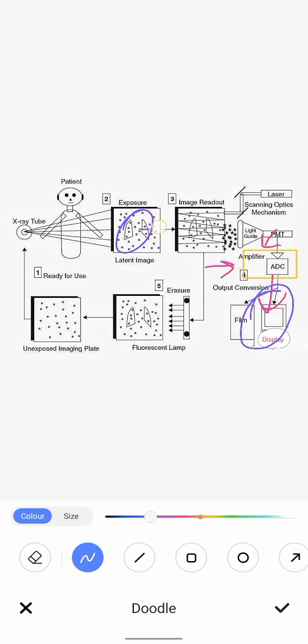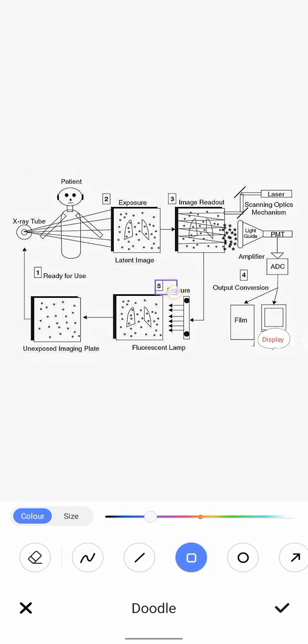Okay, this was the whole process. Okay, the last step. In the last step, we are exposing the imaging plate to the visible intense light. Why? Because some of the electrons of the imaging plate of the photostimulable phosphor, even after exposing to the laser light, are not coming to the ground state.